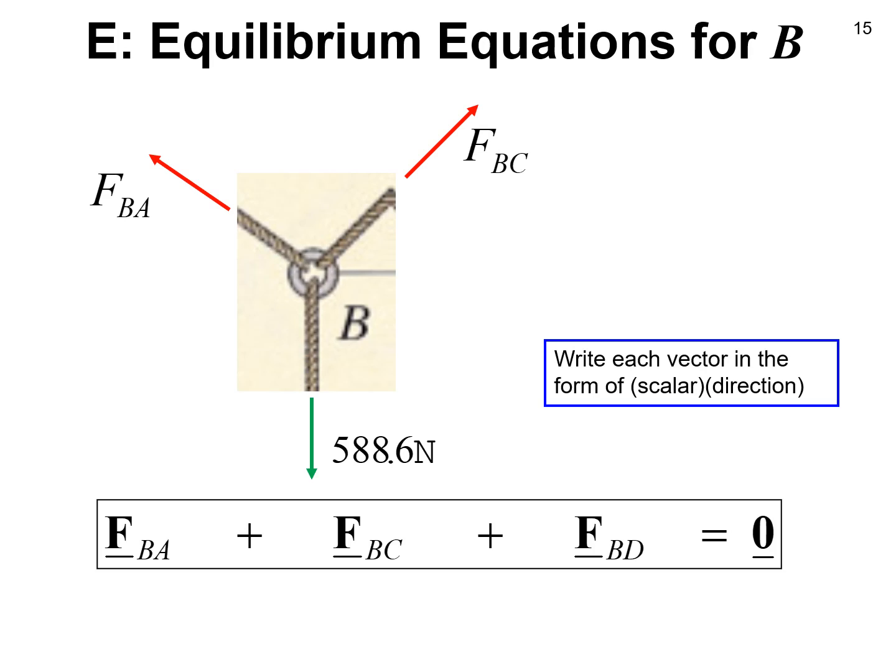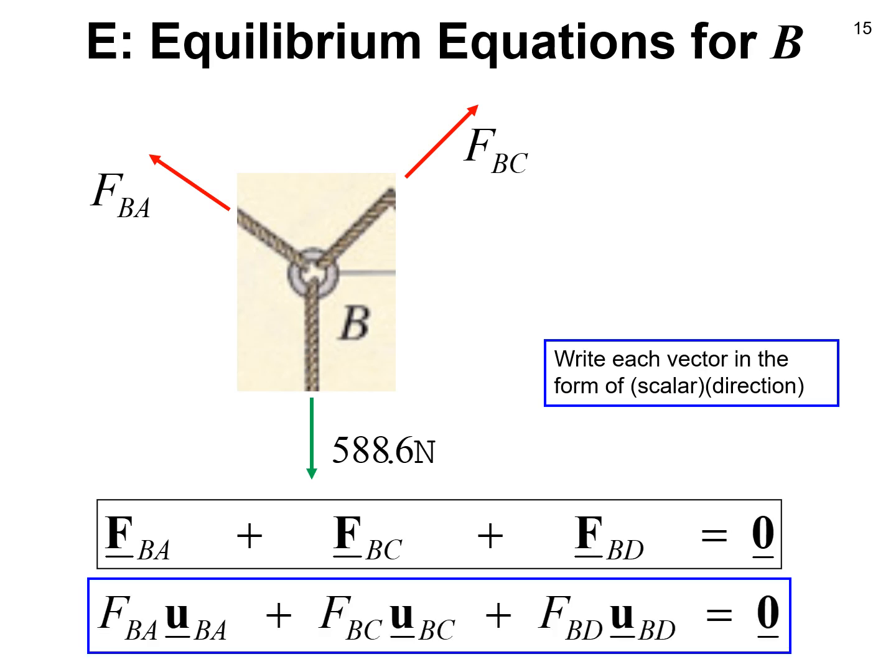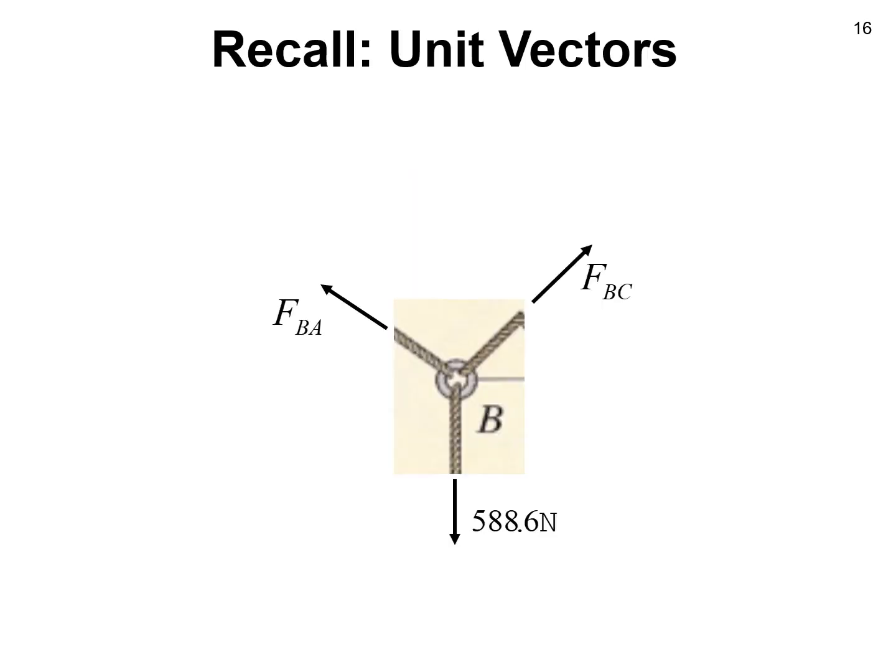And if we think about writing this in that format that we learned in the last modules, about any vector being a product of a scalar and a direction, I'll now understand that the FBA vector is the FBA scalar times the unit vector in the BA direction, and the FBC vector is FBC scalar times unit vector BC, and the FBD vector is FBD scalar times unit vector of BD, and that all sums up again to equal 0. So let's draw those unit vectors.